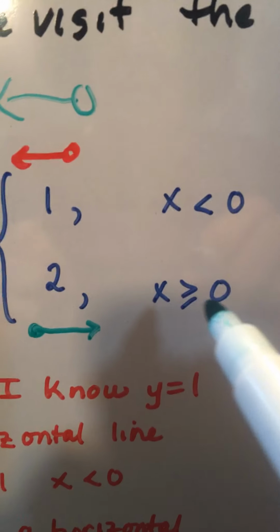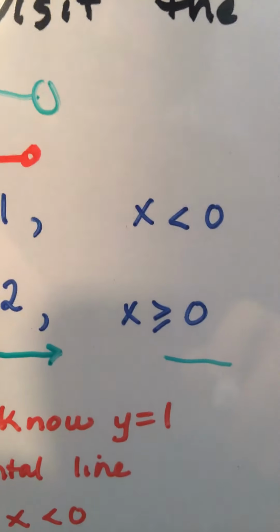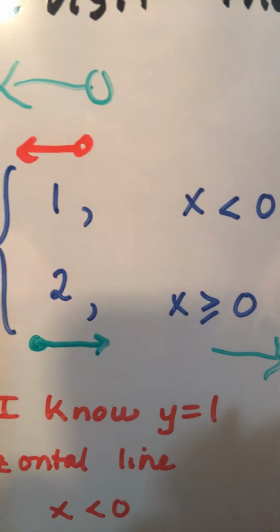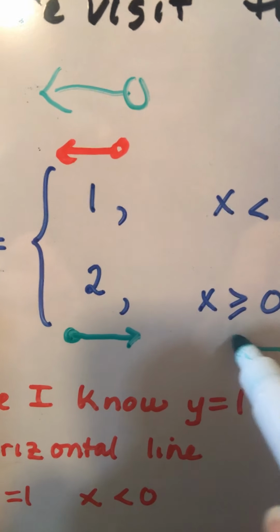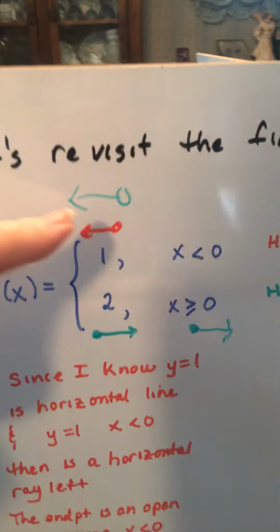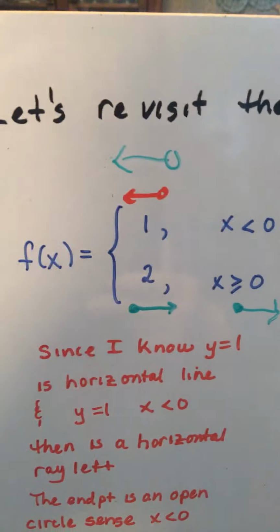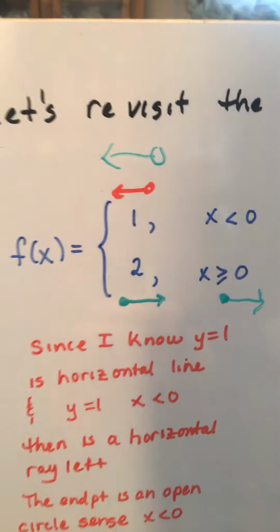For the one on the bottom, what am I going to do? Oh, I see it's horizontal, so I draw a horizontal segment. I put in my right arrow, and then I decide, oh, it's a closed circle. So I now know my graph is going to have these two line segments on it.